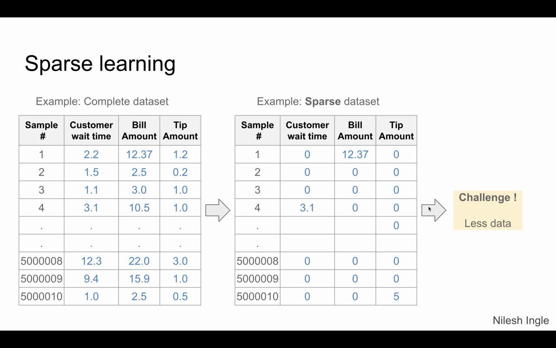Sometimes the challenge of working with a sparse data set is similar to having lesser predictive power from the predictors, so you have less data to work with, and so your predicted values may not be as close to the actual values as you would like them to be.